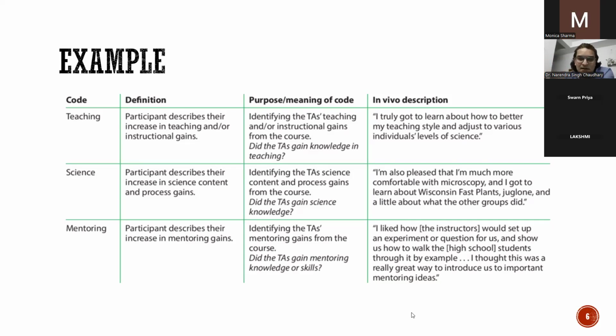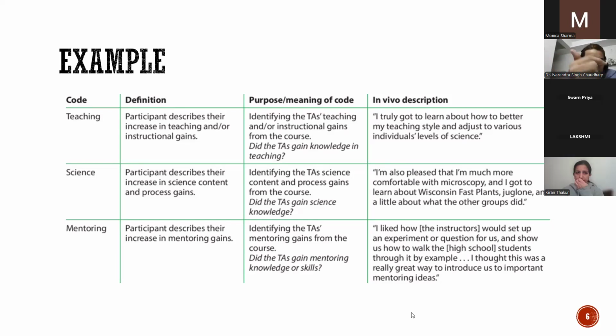The question could be, did the TAs gain knowledge in teaching? And the in vivo description: I truly got to learn how to better my teaching style and adjust to various individuals' levels of science. If you just see, I start from the in vivo description, then I go to the code, then I further make it better, define it properly, and then I give one particular small code, that is teaching.